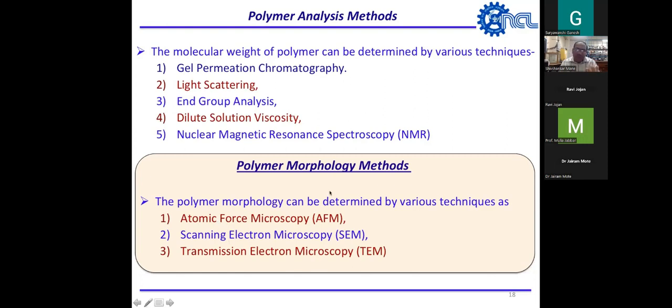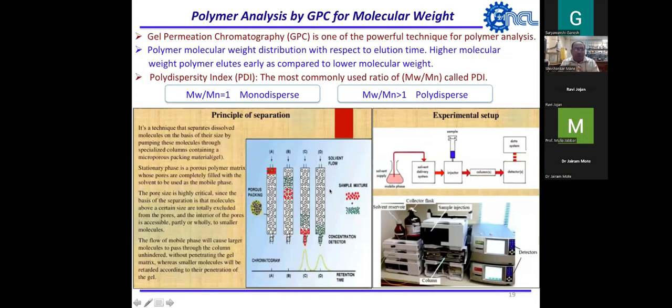So I will just briefly show you about gel permeation chromatography. This is the most important characterization for polymers and a very powerful technique to determine the polymer molecular weight and polymer dispersity. So how do we get the polymer molecular weight from these machines? There is a very simple concept.